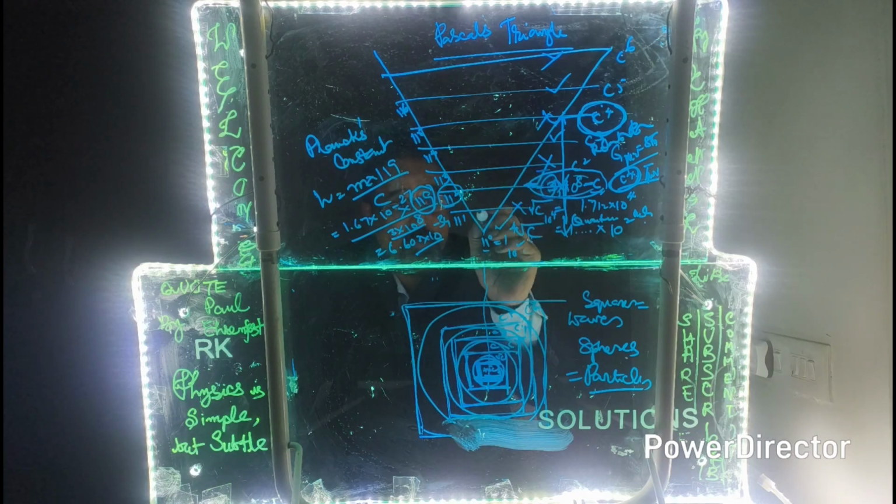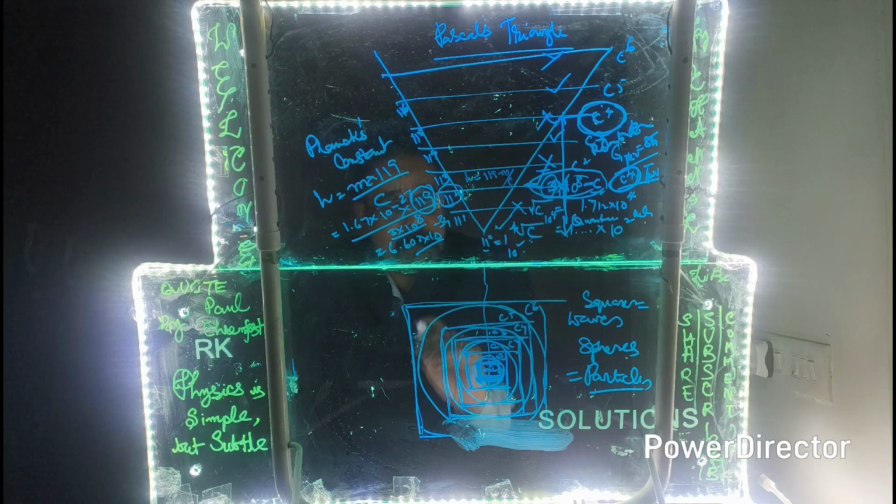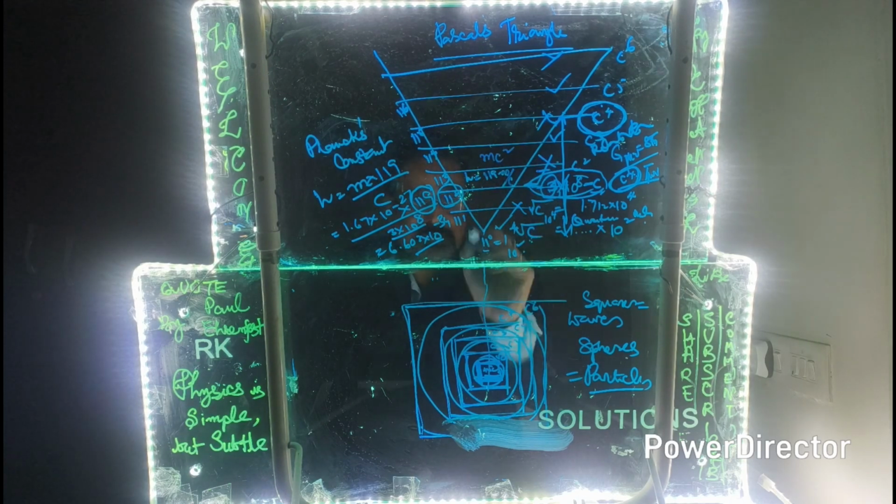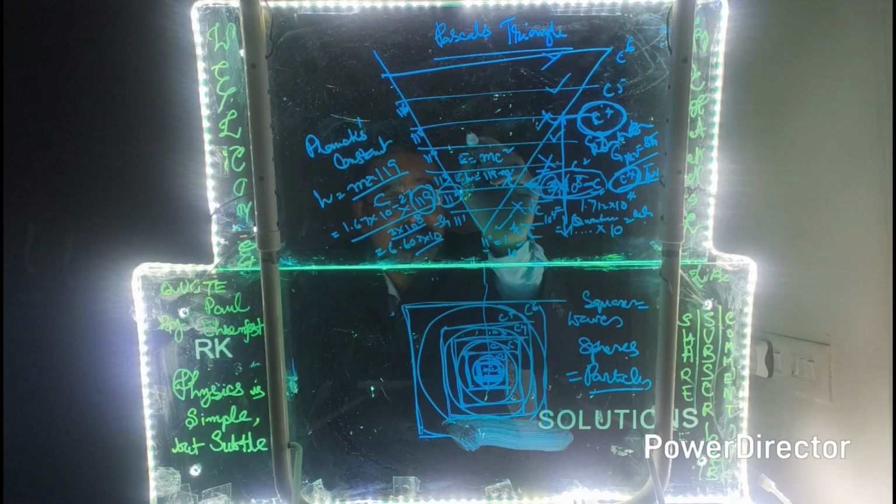For this, what happens is here I got H equal to m by c. When you come to this, it becomes mc square, E equal to mc square. Here E equal to m by c. Again it repeats. So naturally it repeats.